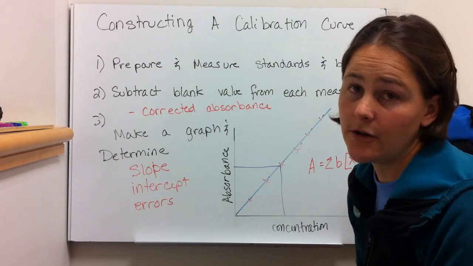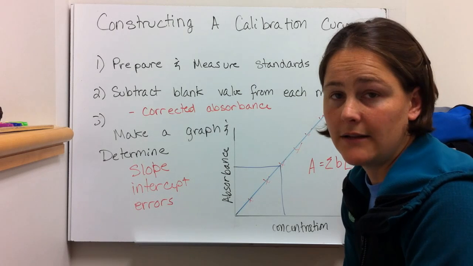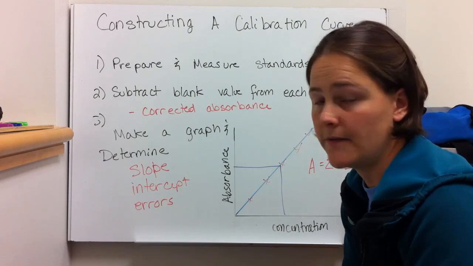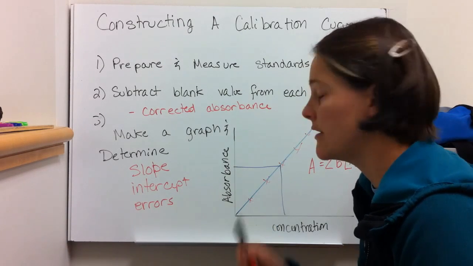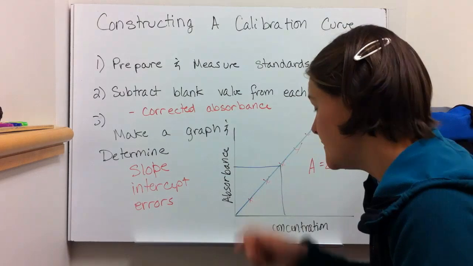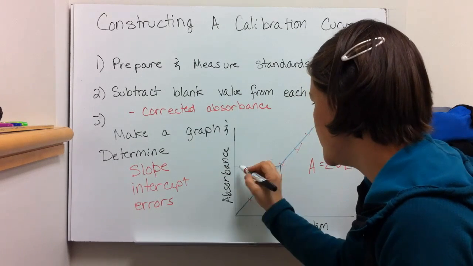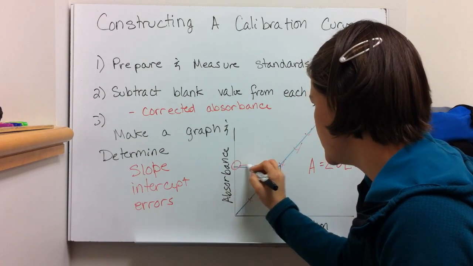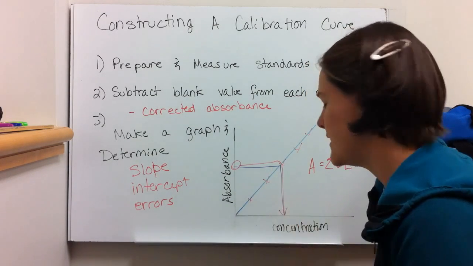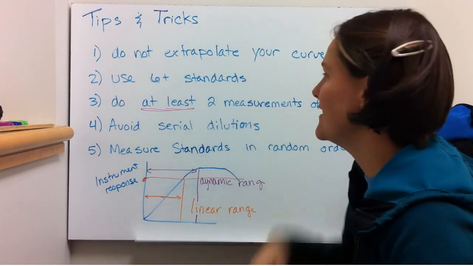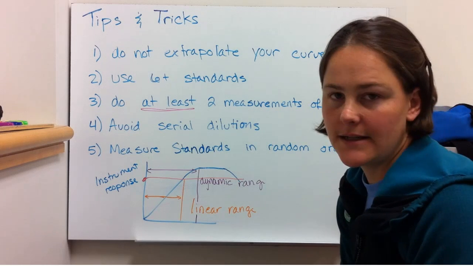And b should be 0 because when there's no analyte in the solution, you should have zero absorbance. So then when you have an unknown, you just measure the absorbance, come right across on the graph, and find the concentration.